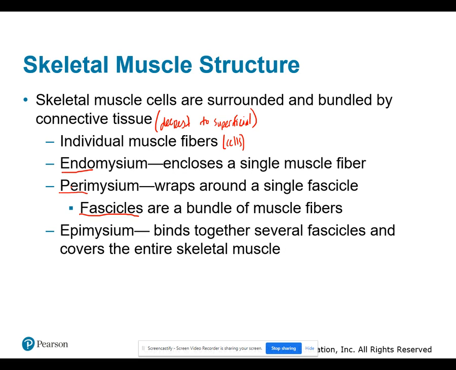So I always think of peri meaning like the middle. And then if you take a bunch of those bundles and bundle them together, so it binds several fascicles, this is known as the epimysium. So it's the very outside. In fact, when you bundle several fascicles together, you're actually covering the entire skeletal muscle.